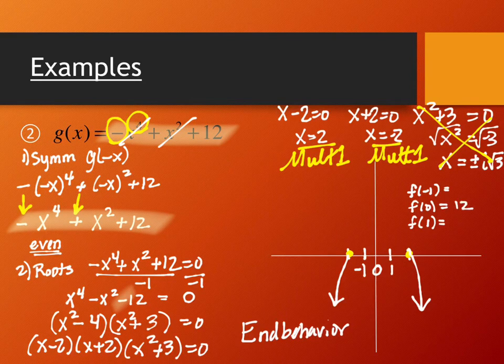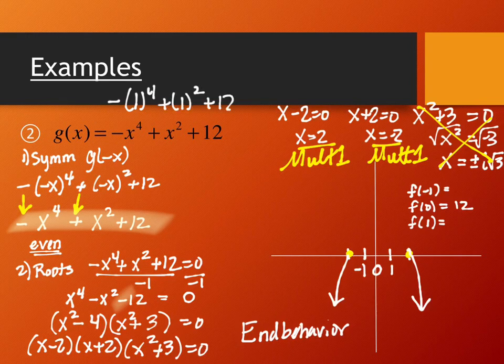If I put in a 1, let's see, I have -1 to the 4th plus 1 squared plus 12. So I think these cancel, right? This will be a -1, this will be a +1, so it'll also be a 12. So that's interesting. And if it's a mirror image, then this too is a 12.